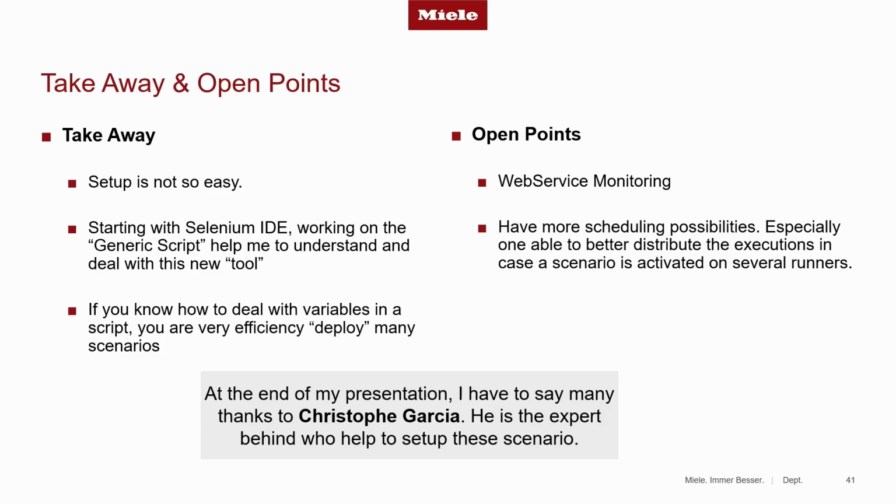You have to learn and understand Selenium IDE. What I mentioned before depends on the script you use, and you have to understand how to deal with the script. You can efficiently deploy a lot of things in your environment. So, for example, if you have UI5 logins on several systems, and you log in with a user, go to the help and log out.